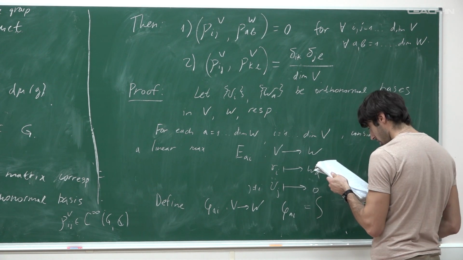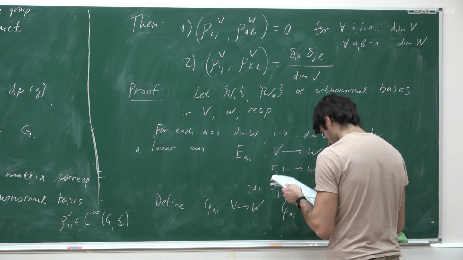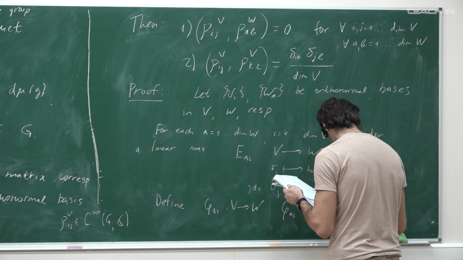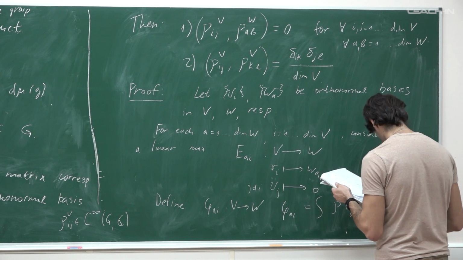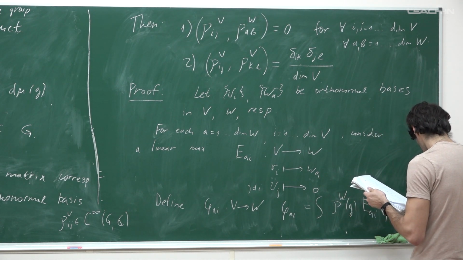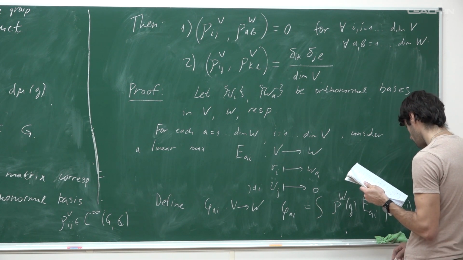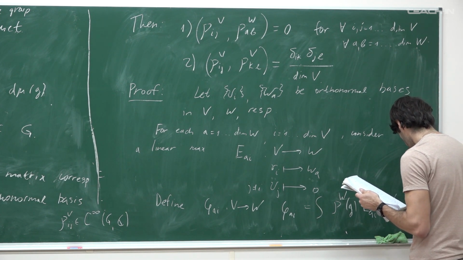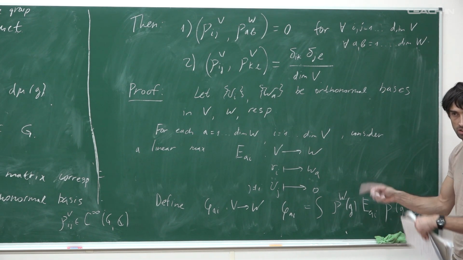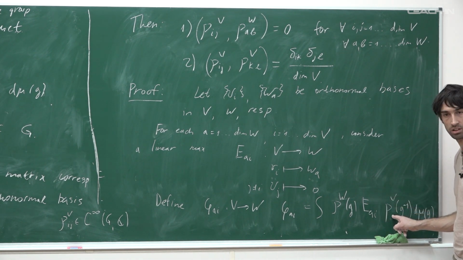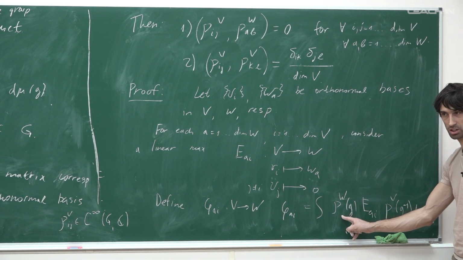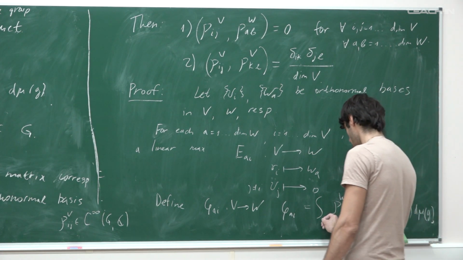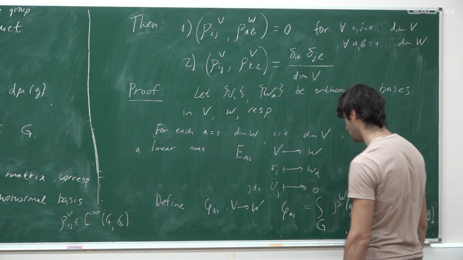So phi_{a,i} equals the integral of rho_W(g) E_{a,i} rho_V(g^{-1}) d mu(g). So this is a matrix that acts in V. Then I go from V to W, and then I twist it by an action of G in W. And then integrate with respect to Haar measure over G.